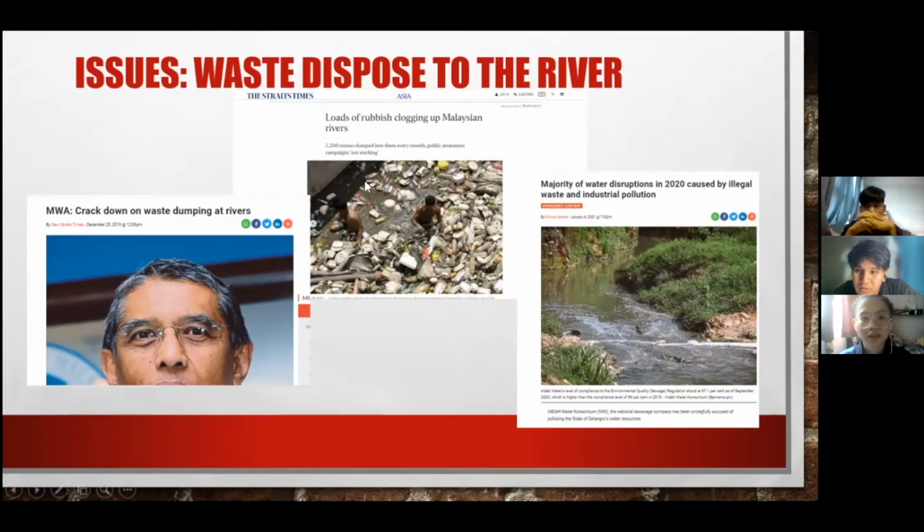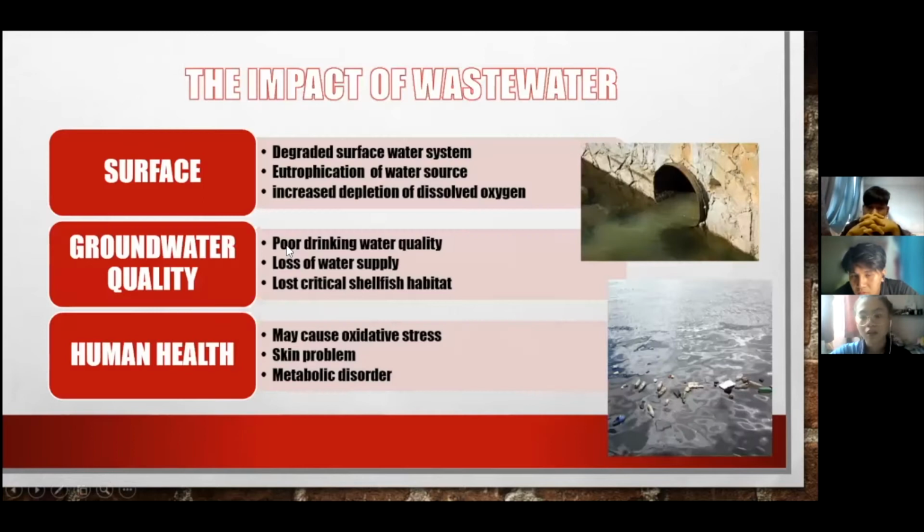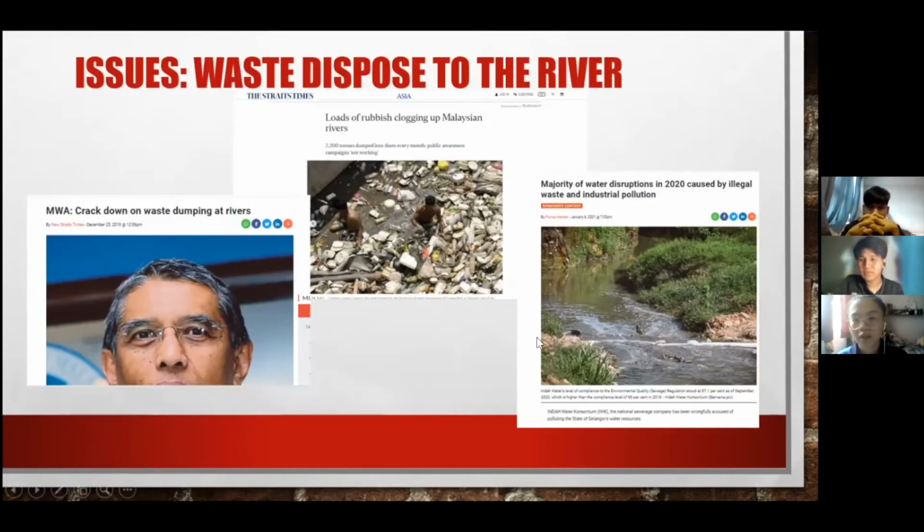The next one happened last year, where Selangor had a water problem, and the next one is the majority happening at Indah Water Consortium, where the water at Indus River has been polluted.